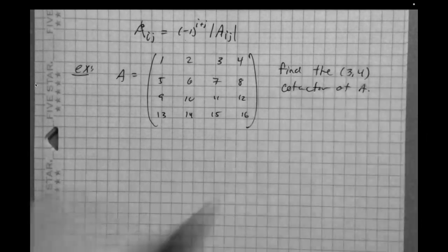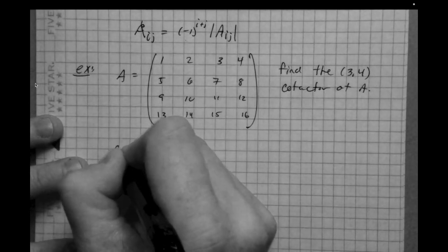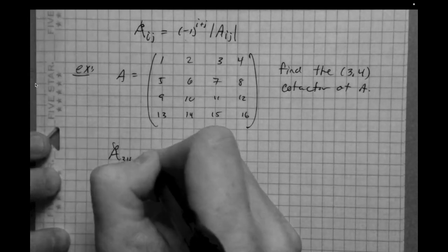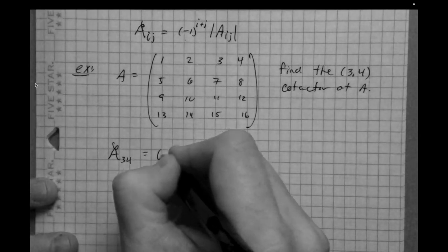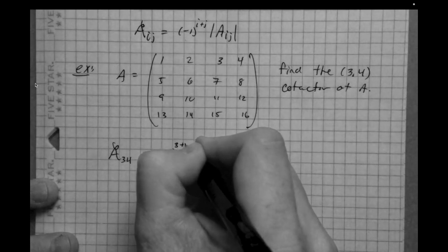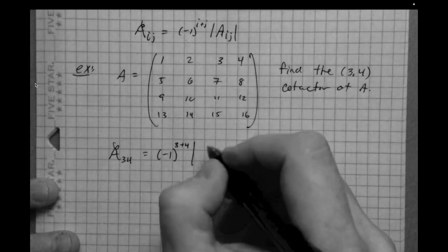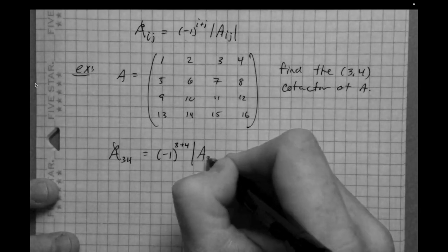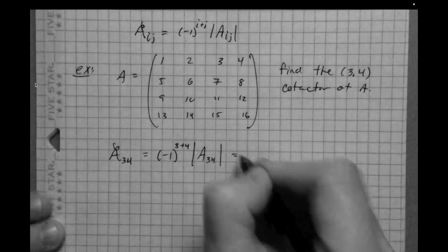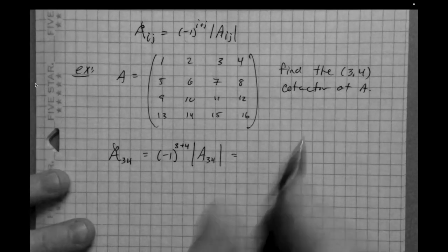All right, so we just want to write that out. What is it? Well, it's the cursive A34. It's just going to be equal to -1 to the 3 plus 4 power times the determinant of the 3,4 submatrix.